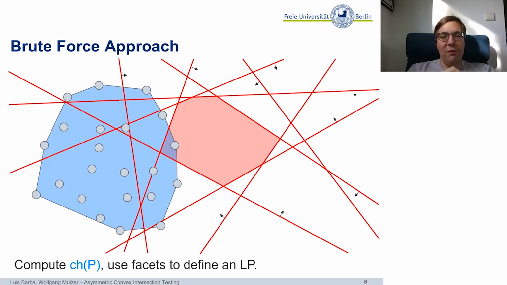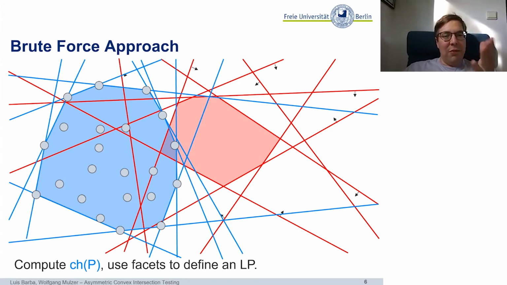We can just compute the convex hull, then we find all the facets of this convex hull of P, and then we have two polytopes that are given in the same representation, and then we can check whether they intersect using linear programming. For example, here in the two-dimensional case, I would just compute all the lines that support the segments of the convex hull, and then this gives me some constraints, and now I can use linear programming with the green and with the blue and the red constraints.